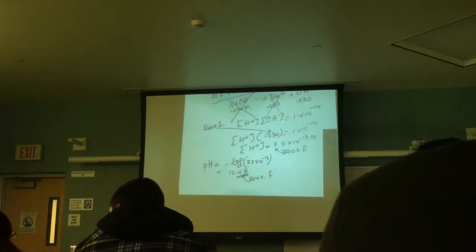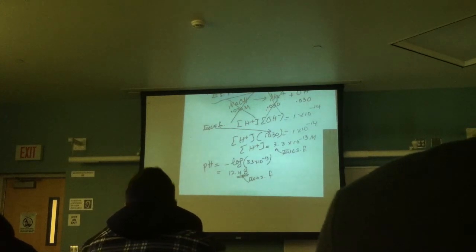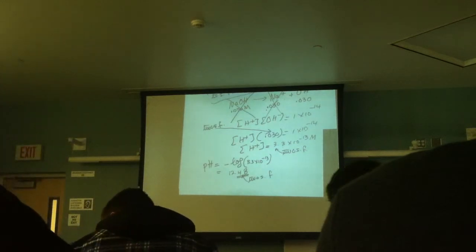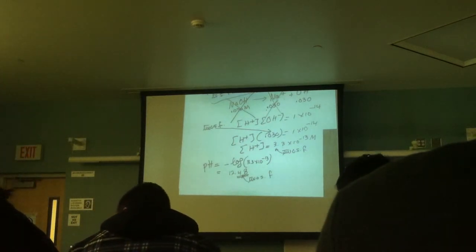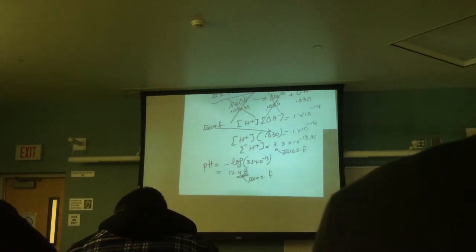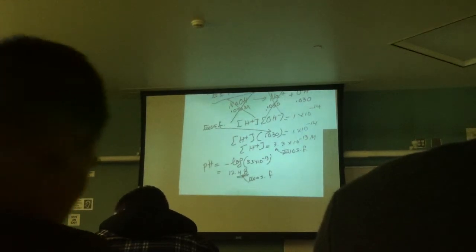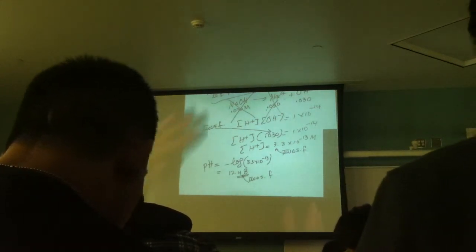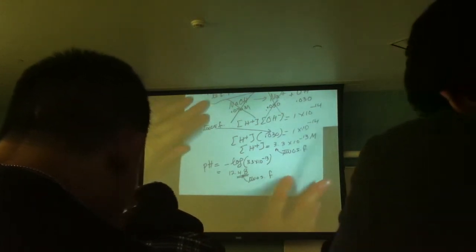Can we work it backward? If I give you the pH, can you give me the hydrogen ion? Let's work it backward. That's example 3. I'll show you how to work it backward.